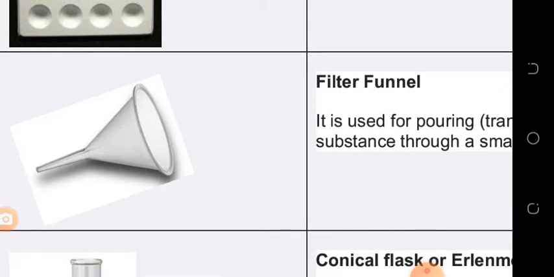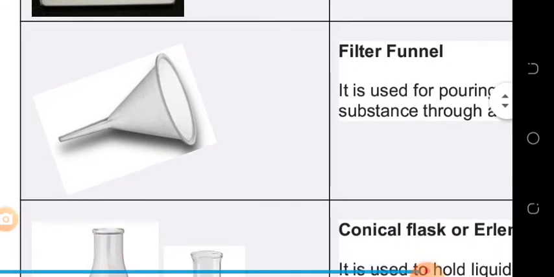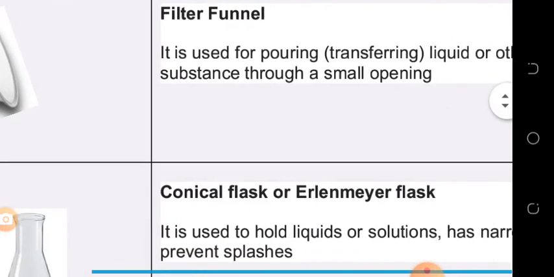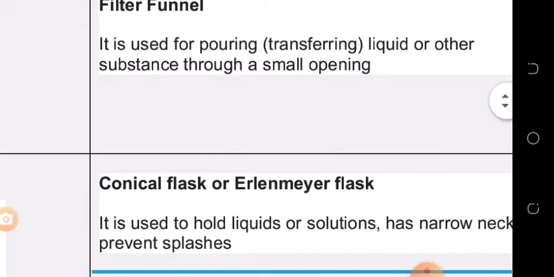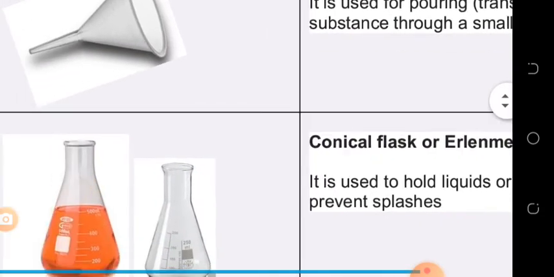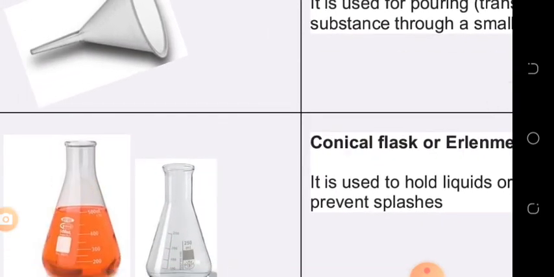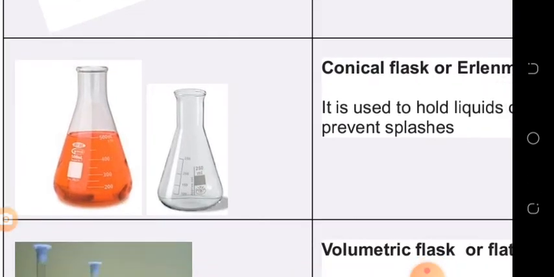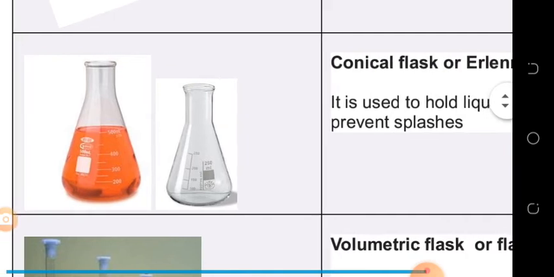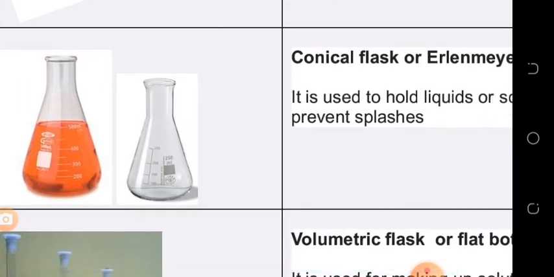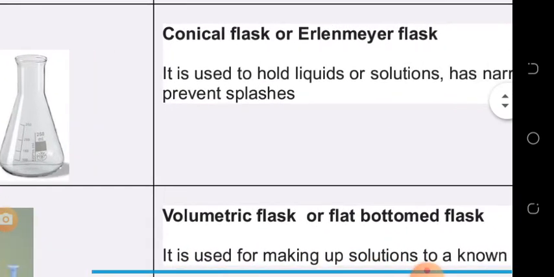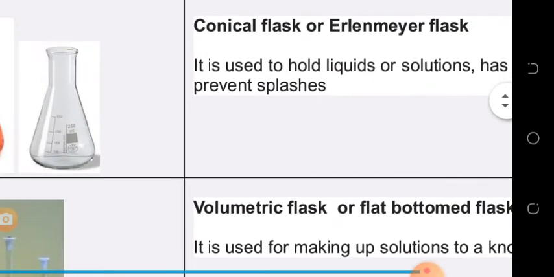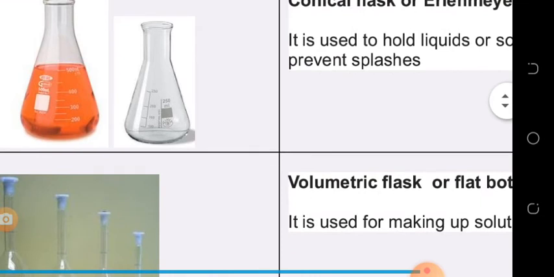Filter funnel, very important for filtering and also for transferring liquids or other substances through a small opening apparatus. We have also conical flask used to hold liquids during experiment. Solutions has narrow neck to prevent splashes, so it is mostly very important.